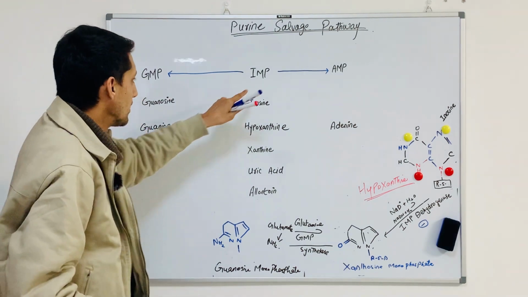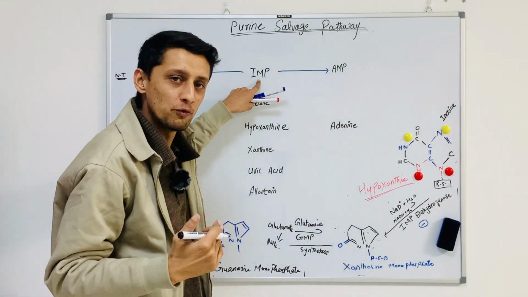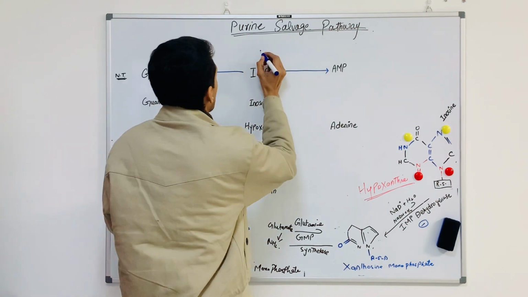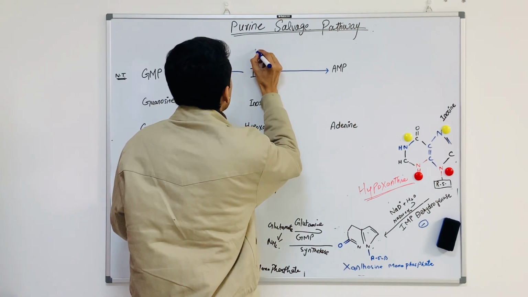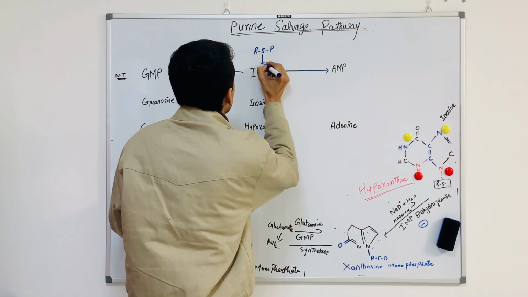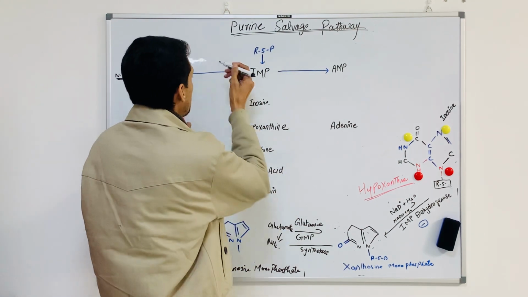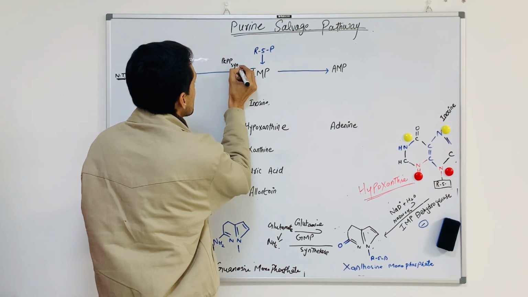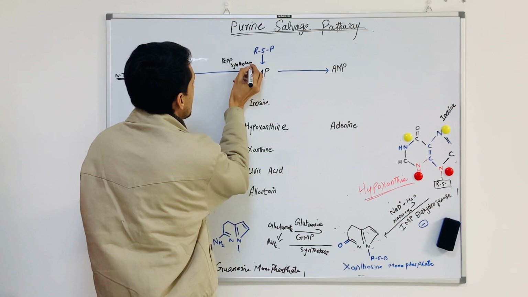Right? So IMP, from where did we get it? The IMP we actually got from de novo synthesis. Ribose 5-phosphate is acted on by the PRPP synthetase enzyme.